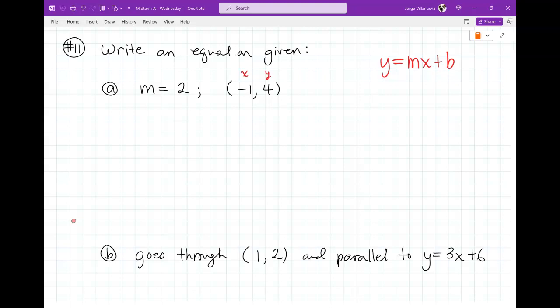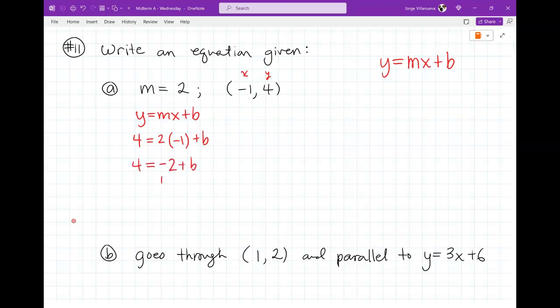All right, now let me just write this out. y equals mx plus b. I know that y is 4. I know that m is 2. x is -1, plus b. 2 times -1 is -2, so 4 equals -2 plus b.